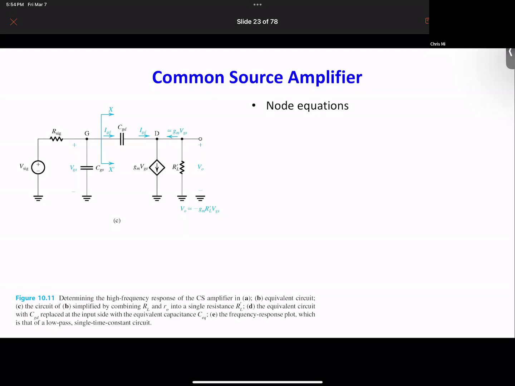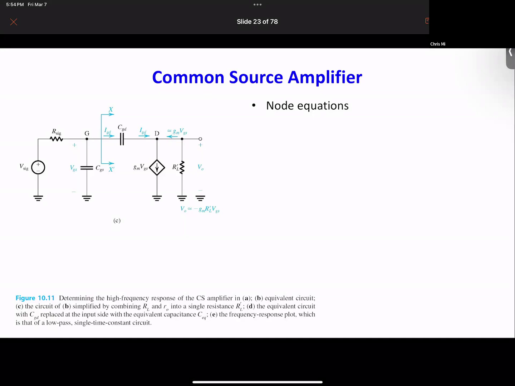So the idea to simplify this is that this voltage here, VO, because the current here is so small, VO is pretty much this voltage times this resistance. That's the assumption. And in reality, it is actually true because this current is in milliamps and this is in microamps. So it's about 1,000 times the difference.